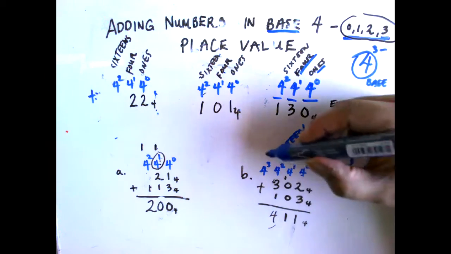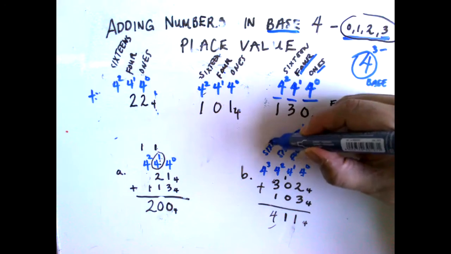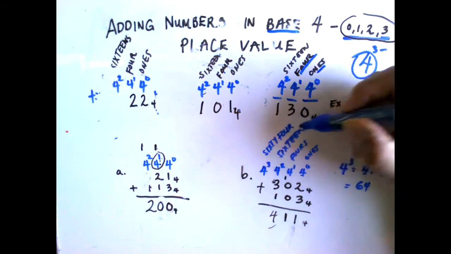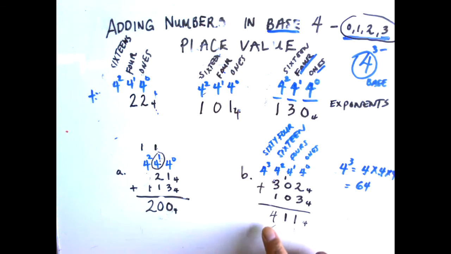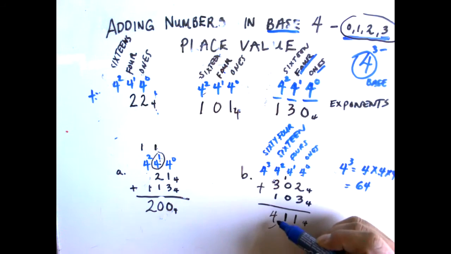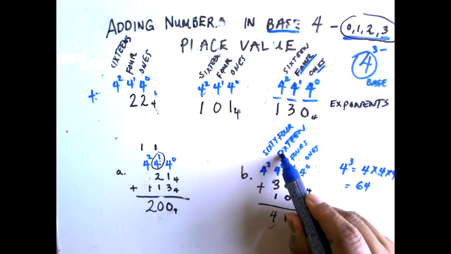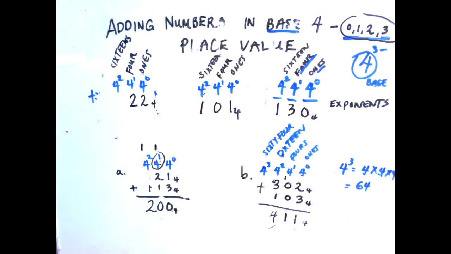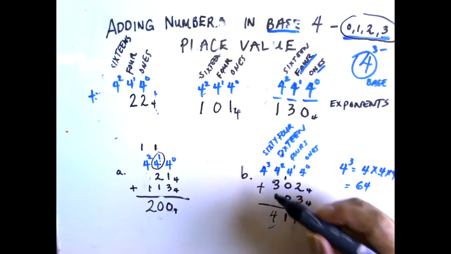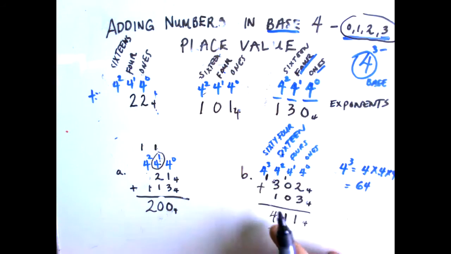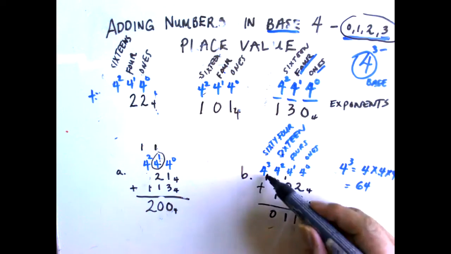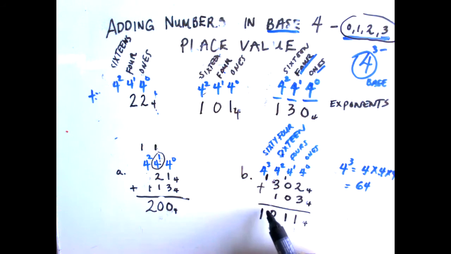So 4 raised to the power of 3 is 64. So 4 sixteens is essentially 64. So it would mean there will be 1 sixty-fourth, and there will be 0 here. You bring that down, and your answer is 1011 in base 4.